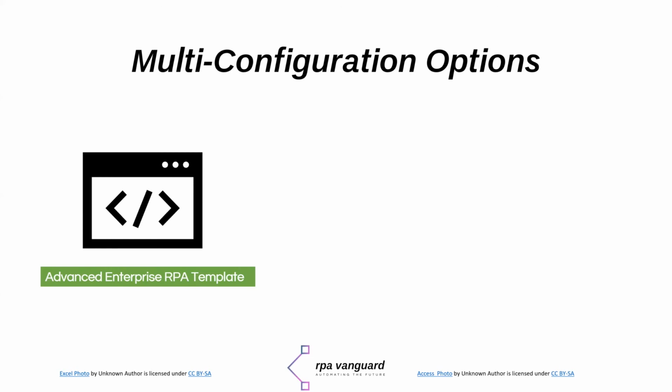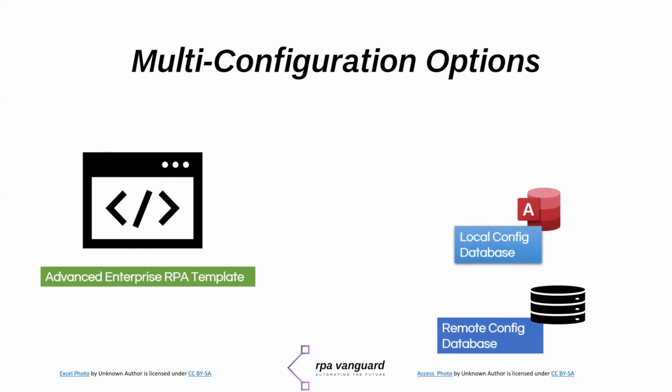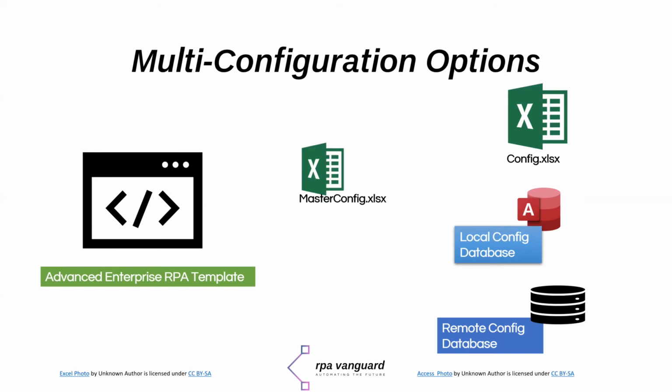Automations built using the Advanced Enterprise RPA template can read application settings from different configuration sources, and that includes the traditional Excel configuration file. Included in the template is a master configuration file that tells the automations where to look for their configuration settings.